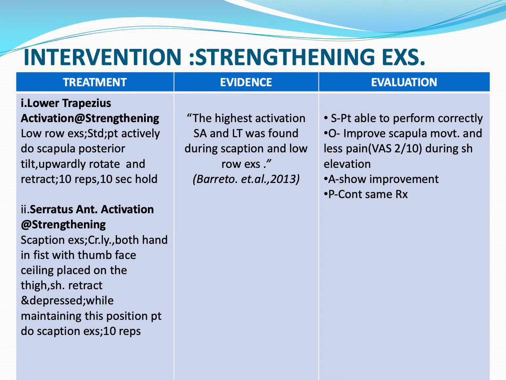Then I taught a serratus anterior activation exercise, which is the scaption exercise. What I found is the patient was able to perform correctly. Then there is a little improvement in scapular movement during shoulder elevation. The patient claimed less pain during shoulder elevation. This is maybe because the patient is slightly able to control the lower trapezius and serratus anterior.